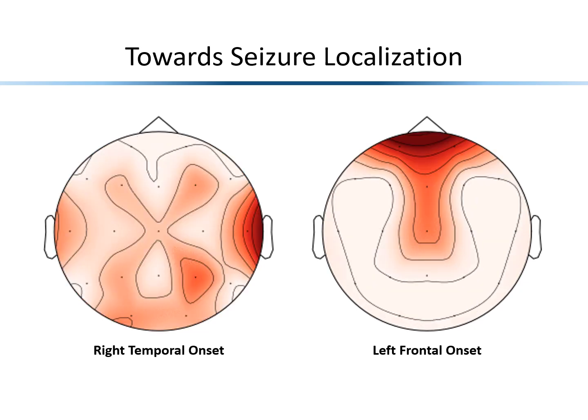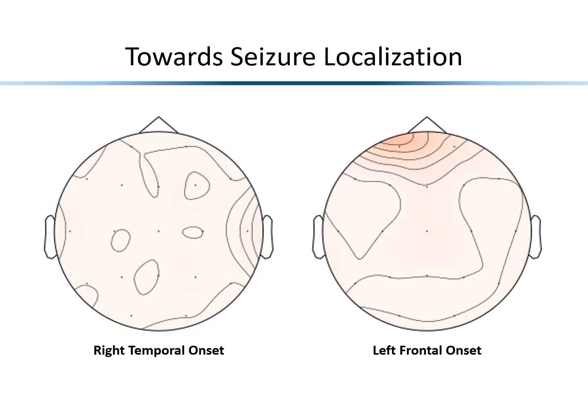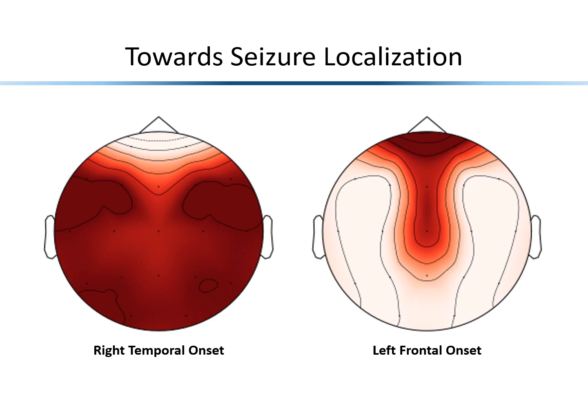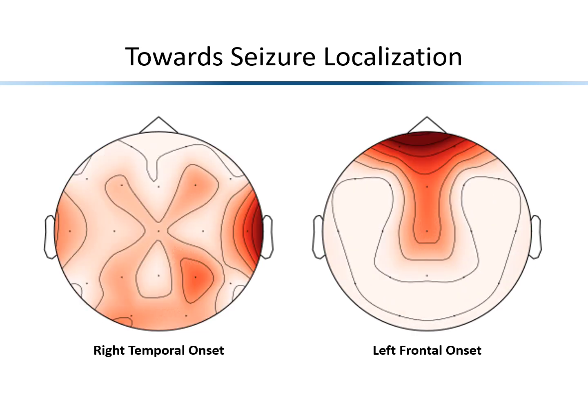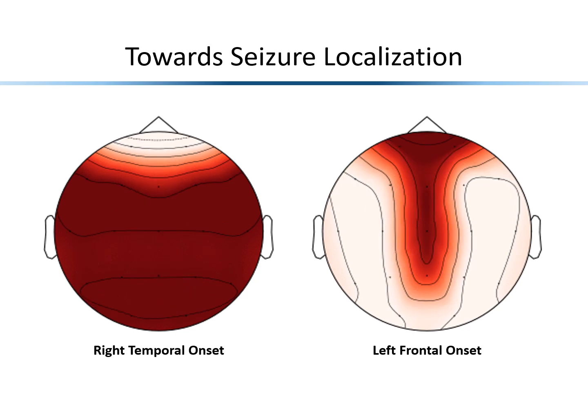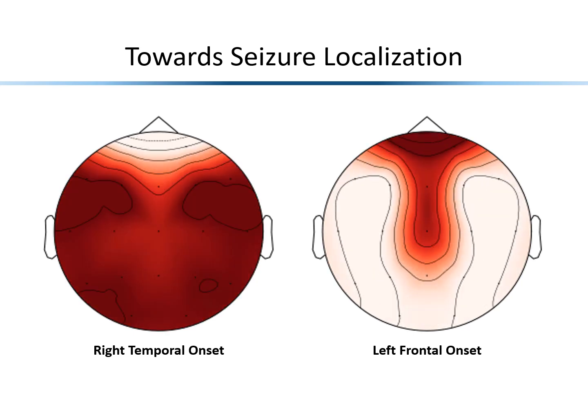As you notice, our model, without ever having seen these recordings before, is able to infer the correct onset locations for each of these cases. This gives us a starting point at which we can take the core model and start to focus on localization.